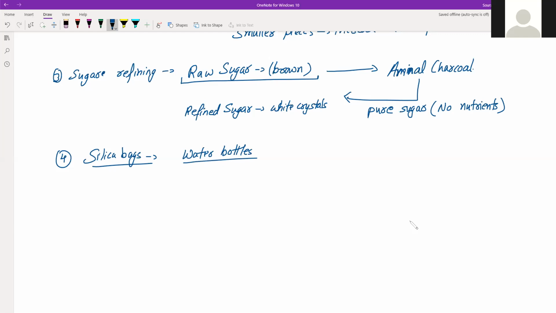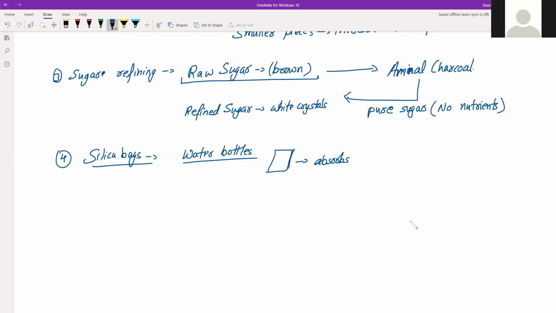There you will see a small bag, right, like this, and that bag has some granules in it. Those are actually silica gels. The purpose of those small balls is to absorb the moisture.